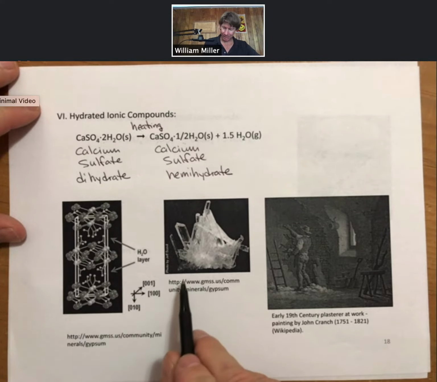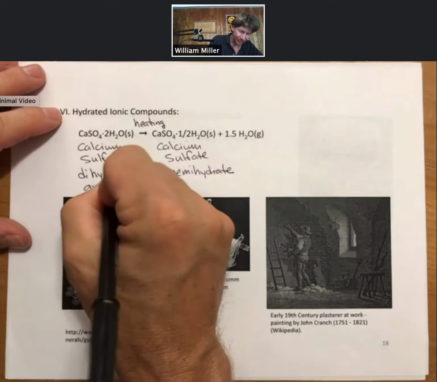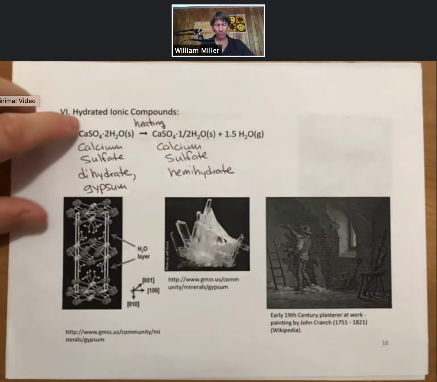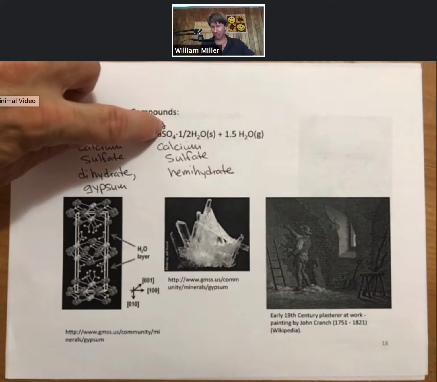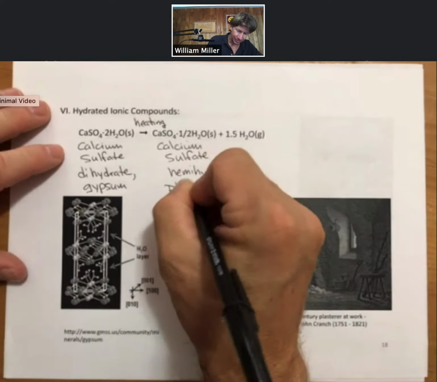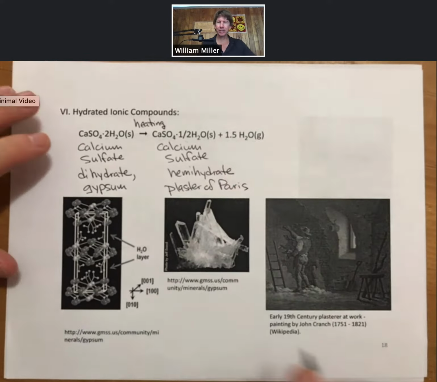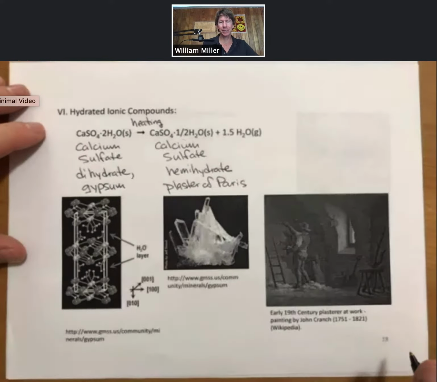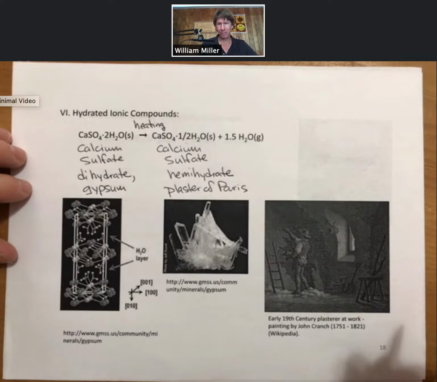This one, gypsum, that's going to be the common name for calcium sulfate dihydrate. Heat it, you can turn that into plaster of Paris. And each of these has slightly different properties based on the number of waters of hydration in them.